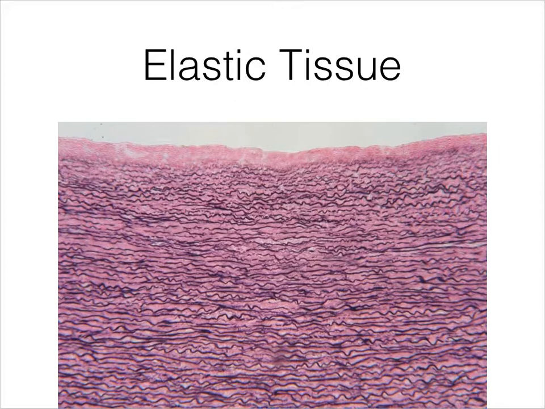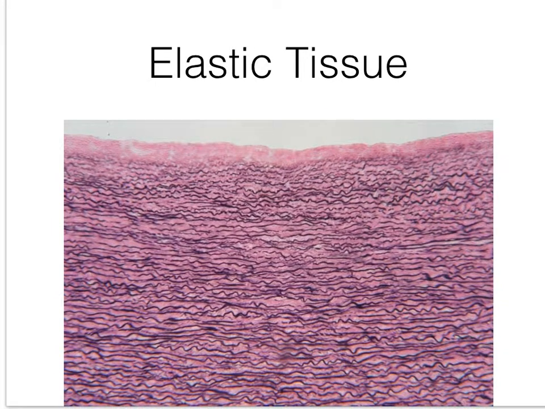Elastic tissue is going to be found in some of the stretchy tissue of the heart, the aorta, and it is a dense, regular connective tissue, but instead of being a collagen-based dense regular connective tissue, it has lots of elastic fibers.